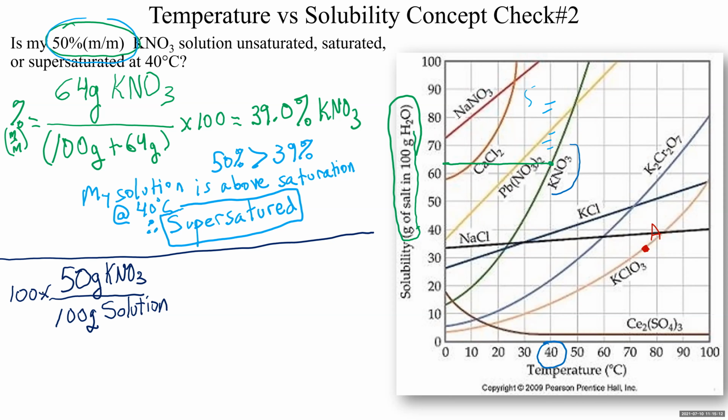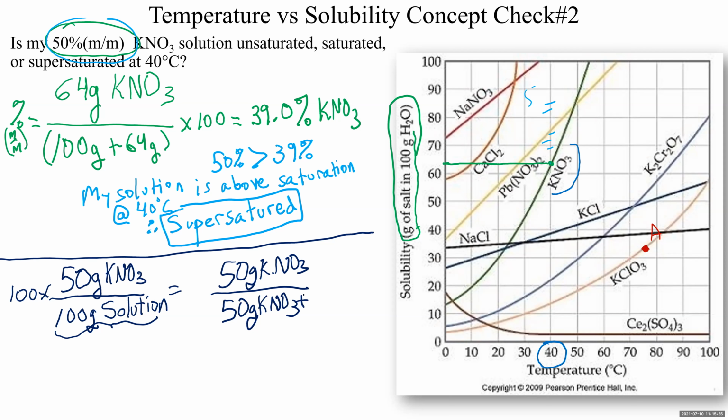Well, what does that imply? If we have 100 grams of solution, and we know the solution is solvent plus solute, doesn't that just mean that we have 50 grams of KNO3 for every 50 grams of KNO3 plus how many grams of water?